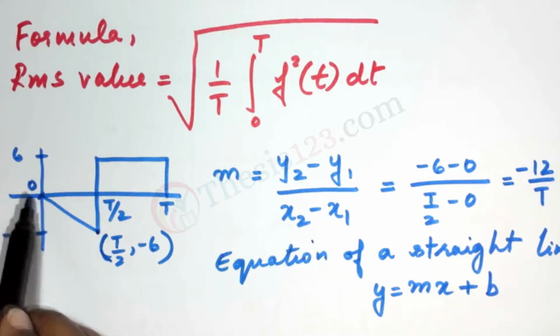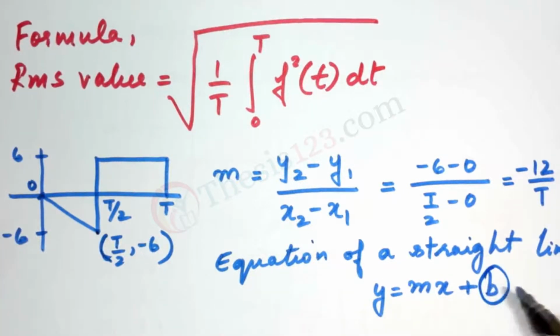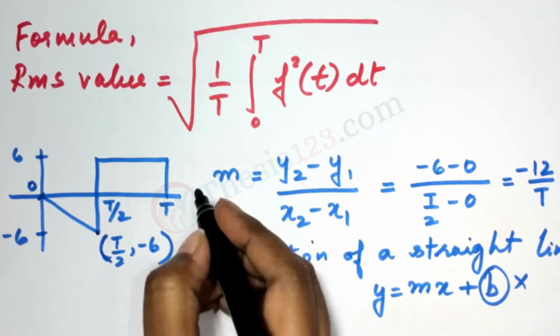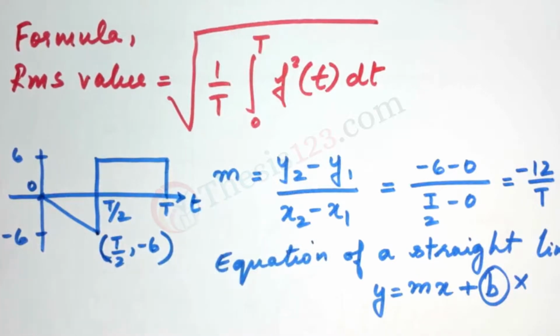Now here, because the line passes through the origin, b is anyway 0. So we'd have y is equal to mx. So m is minus 12 by T, and what is x? x is t, because here the axis is the t-axis. It is the time domain.